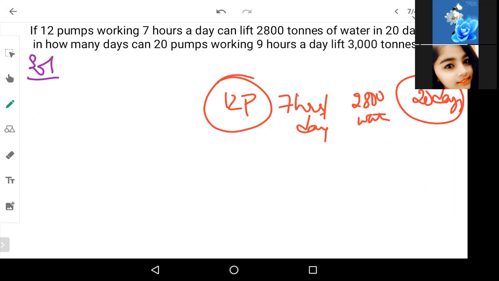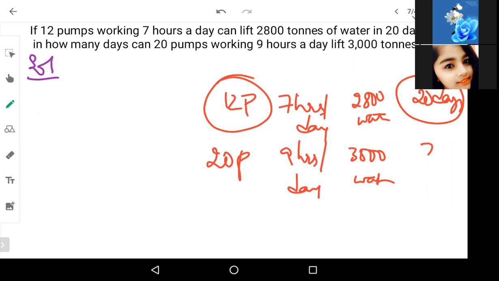Now, let us see the second part of the question. In how many days can 20 pumps working 9 hours a day lift 3000 tons of water? Now, the second scenario is 20 pumps working for 9 hours per day, 3000 tons of water, and we are supposed to find out the number of days.